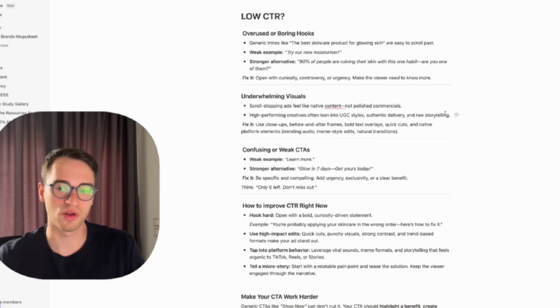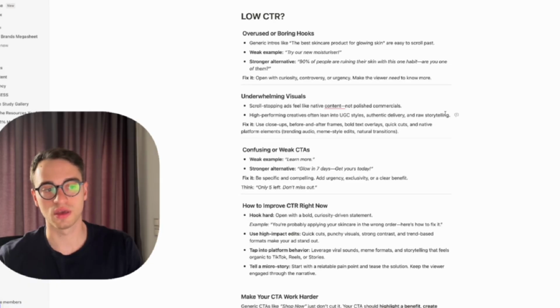So the visuals are very boring. They're not really tailored to these platforms. So we need to use engaging enough visual hooks like close-up shots and bold text overlays. Again, those statements that we just talked about, and those elements are obviously going to help us attract the right kind of attention here.